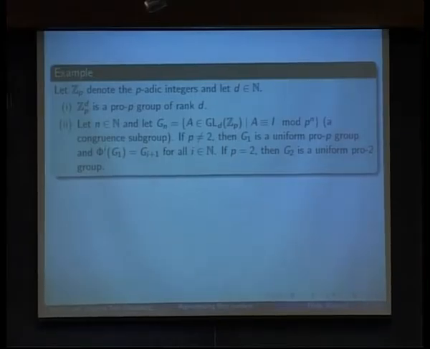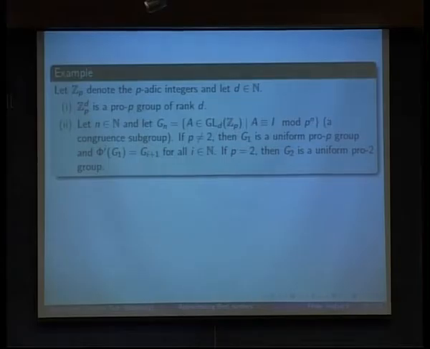Another good example are congruence subgroups. In other words, you take groups of matrices which are congruent to the identity modulo p.